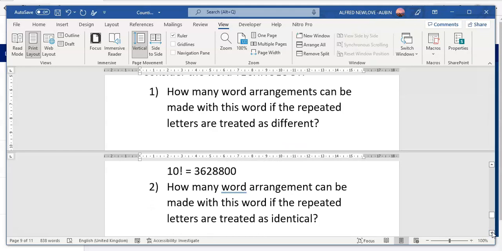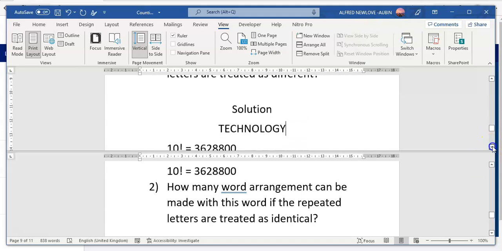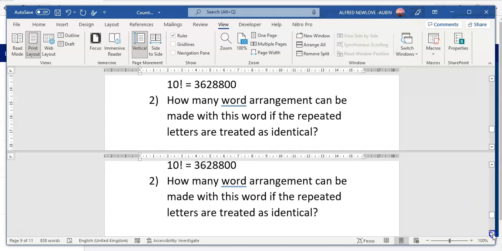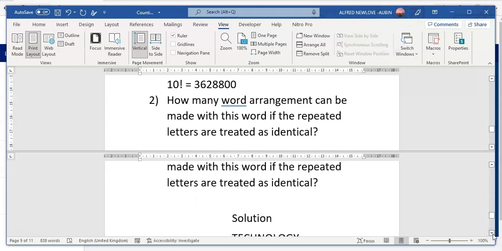Okay, how many word arrangements can be made with this word if the repeated letters are treated as identical? Okay, so you treat them as identical.